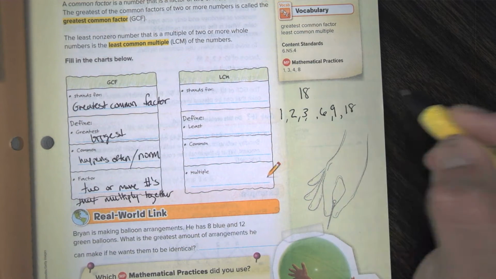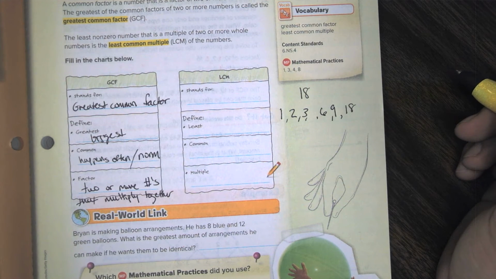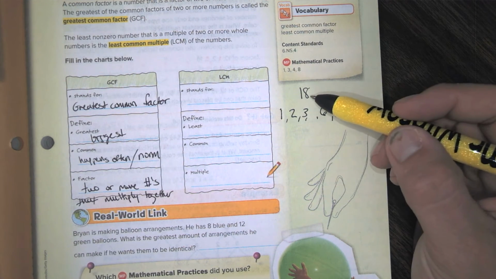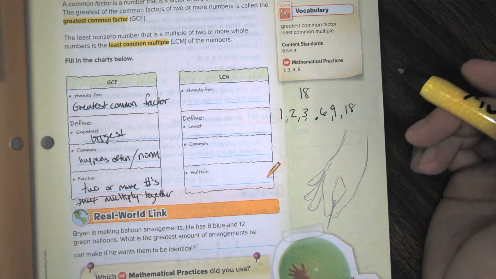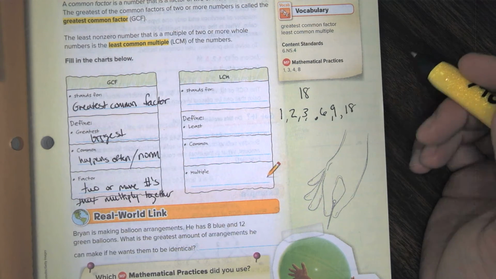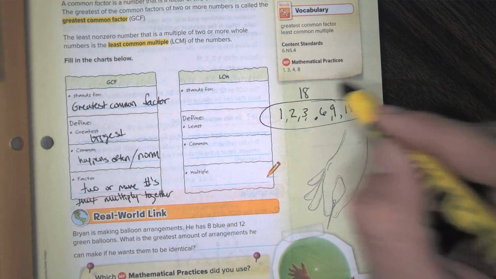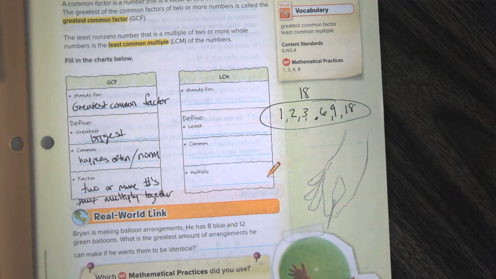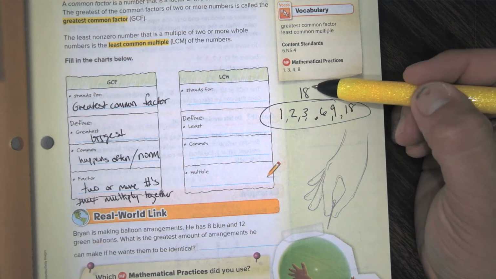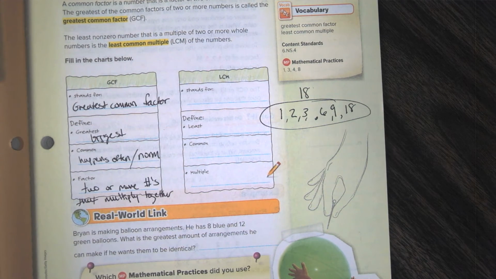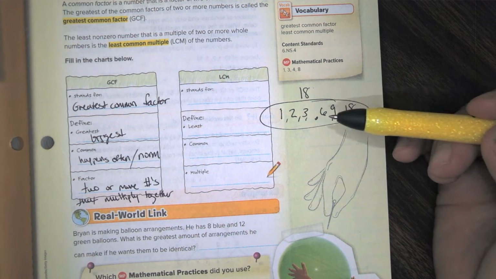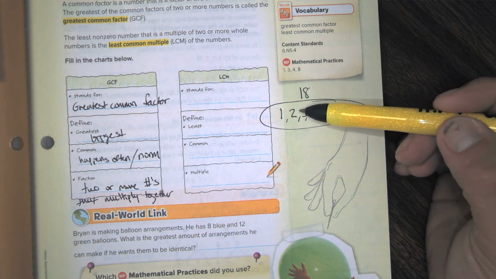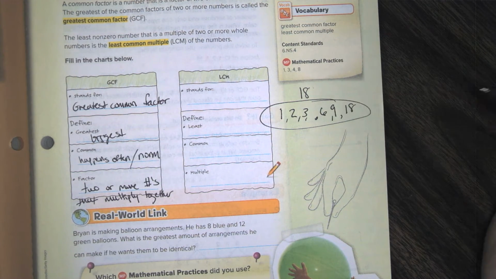Does 4? 4 times what gets you to 18? No. 5? Nope. And we're back at 6. So those are the factors right there. The factors are just the numbers that multiply together to equal one number. That's what you're looking for. So the factors of 18 are 1, 2, 3, 6, 9, 18. Those are all the factors.